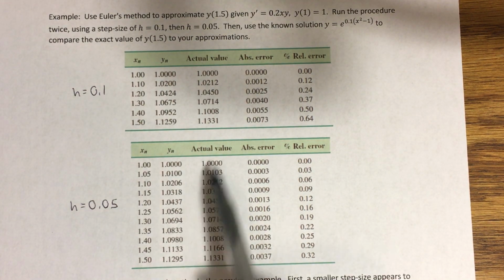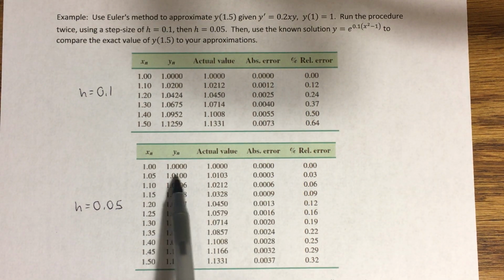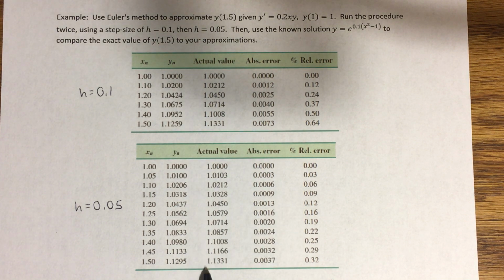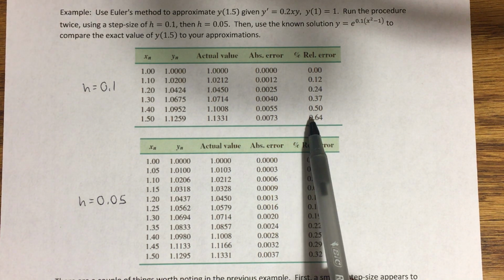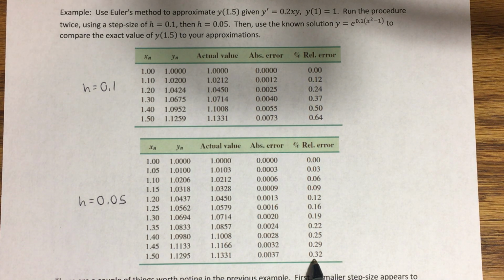But if I run that procedure, I'm using Euler's method to get all of the values in this column right here, and look at my actual values, my absolute error, and then my percent relative error, I can see that when I look at a value I'm trying to approximate, 1.1295 compared to the true value of 1.1331, I get an absolute error of 0.0037, leading to a percent error of 0.32. It's a better approximation than what we had here because the error is smaller. You want that error to be small, right?